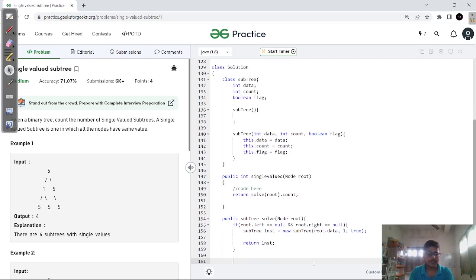Now I am using recursion here, so I hope you know recursion.